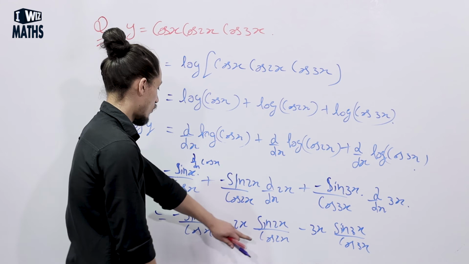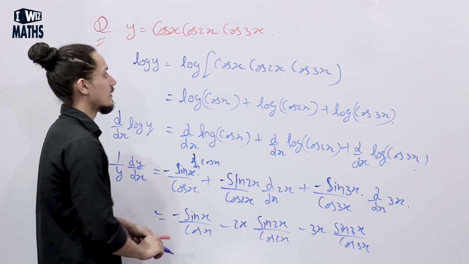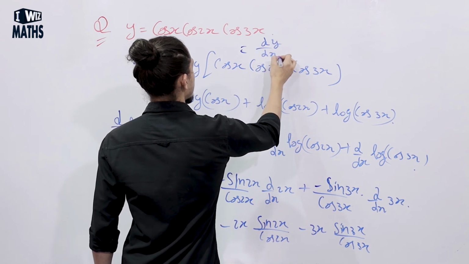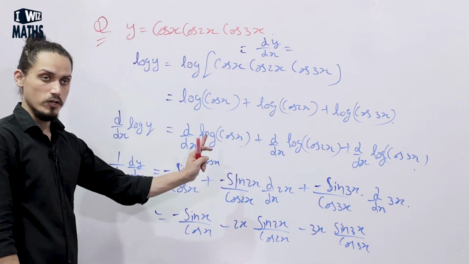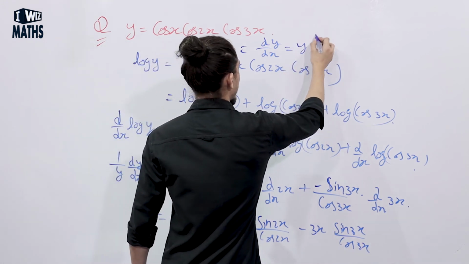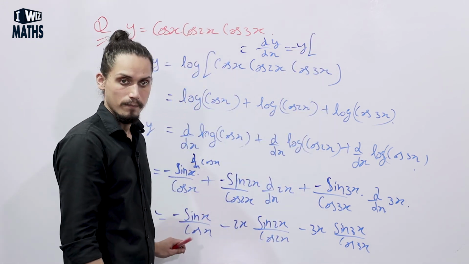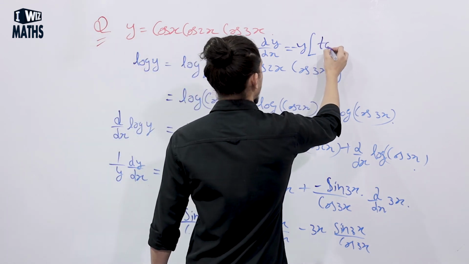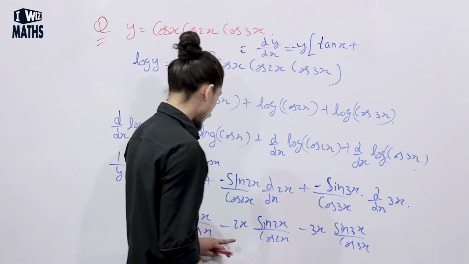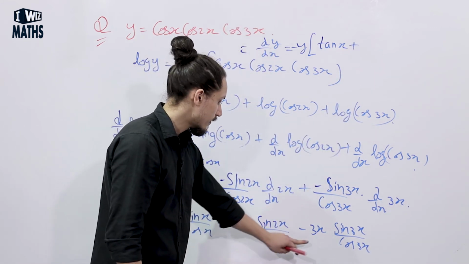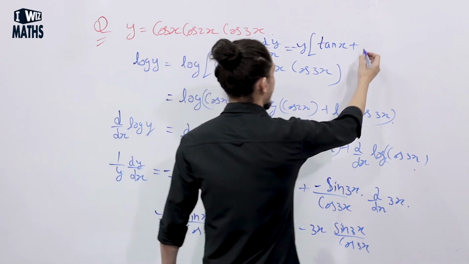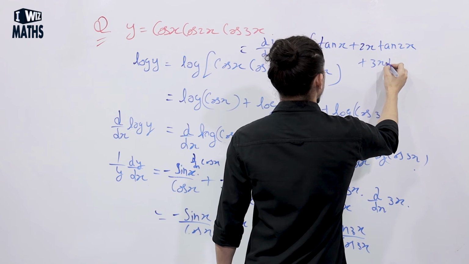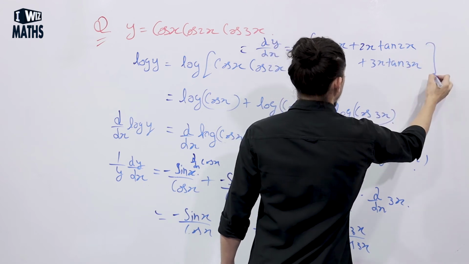So the final result of this whole equation will be dy by dx is equal to, y goes to the numerator by cross multiplication, y into minus sign, and everything is common so take it outside. Now sin x upon cos x is tangent x. So we get tangent x plus 2x tangent 2x plus 3x tangent 3x, and hence the result.